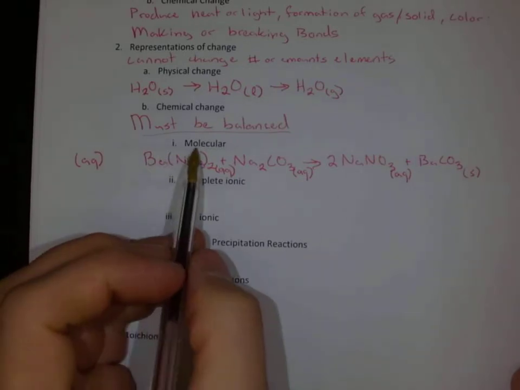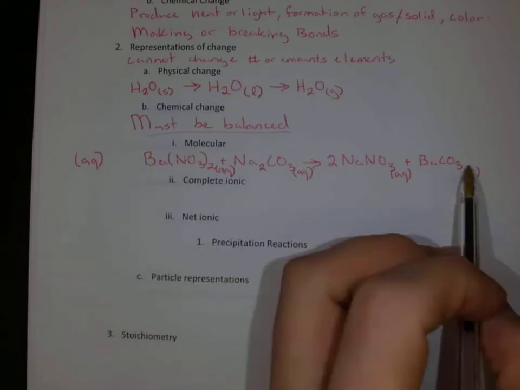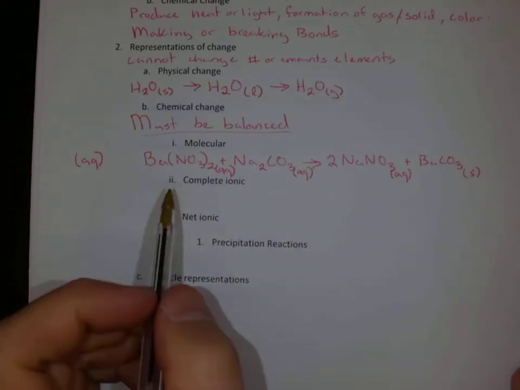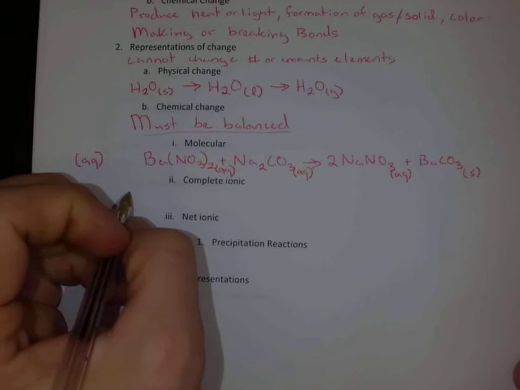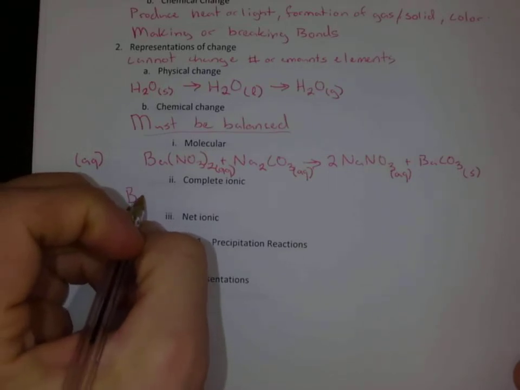So our molecular equation, right, has all of our pieces as molecules, but the complete ionic, right, we're going to break up our ions.